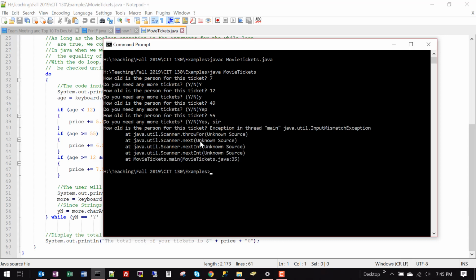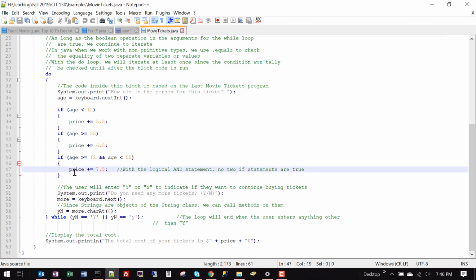Now it has crapped out on me. We may wonder, so what's going on here? We're going to dig in a little deeper into our scanner.